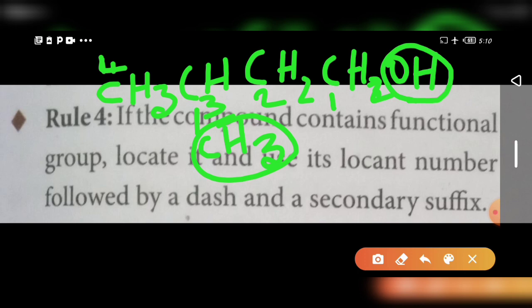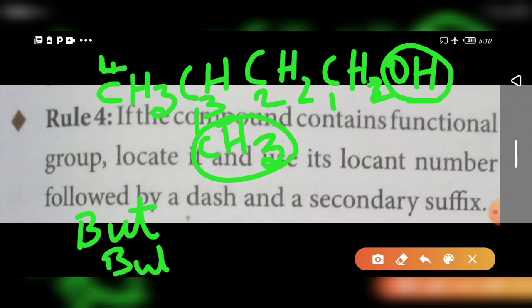So 4 carbons are there. You have to write meth, eth, prop, but. So 4 carbons means what is the name? But. Okay, next the full common name is butane.